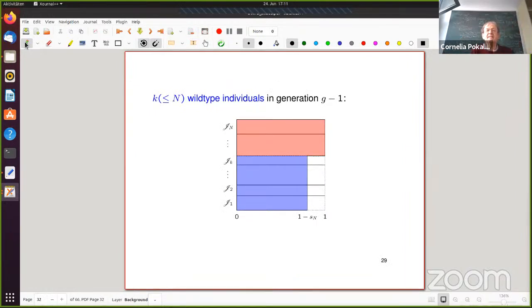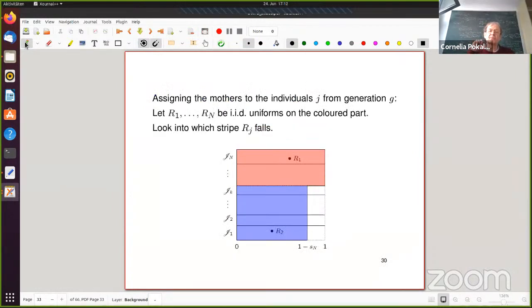We now assign the mothers to the daughters in the very same way as in the Wright-Fisher situation, by throwing uniforms, but we throw them into the colored, blue or red, region, and look into which stripe the R_J, R for real mother, falls. When the R_1, as it is here, goes into this stripe J_N, then N is the mother of the R_1, of the individual one, and so on.